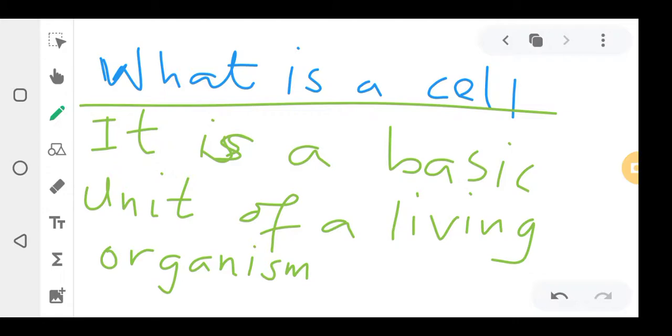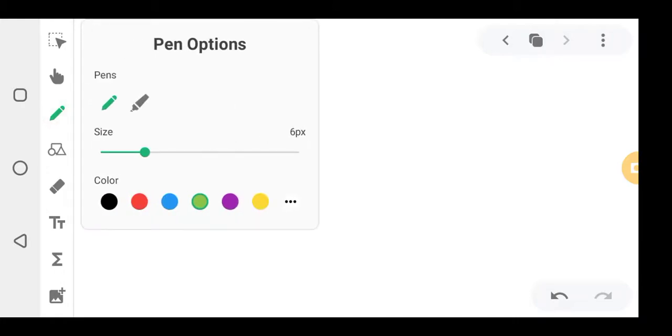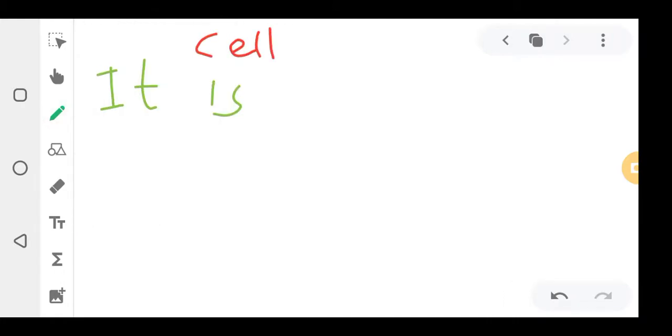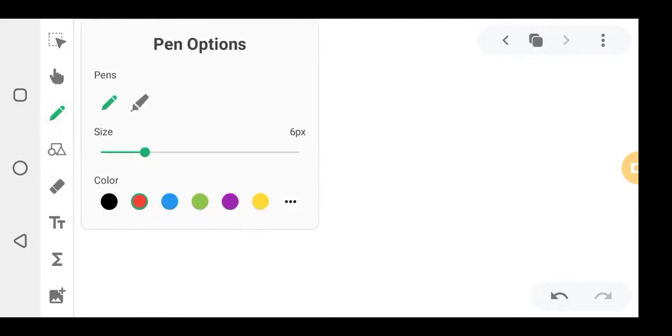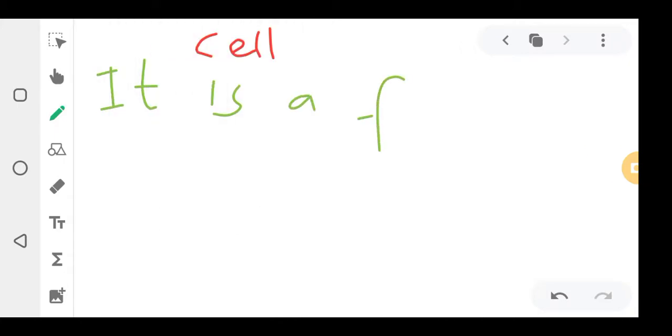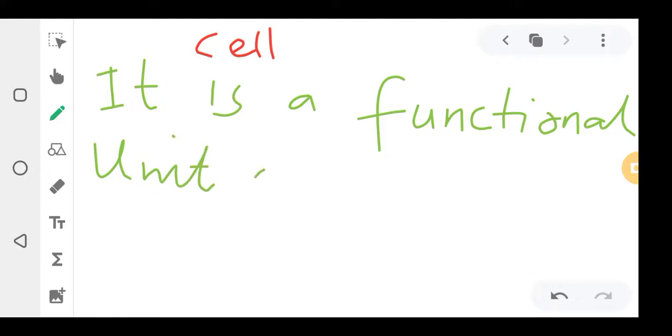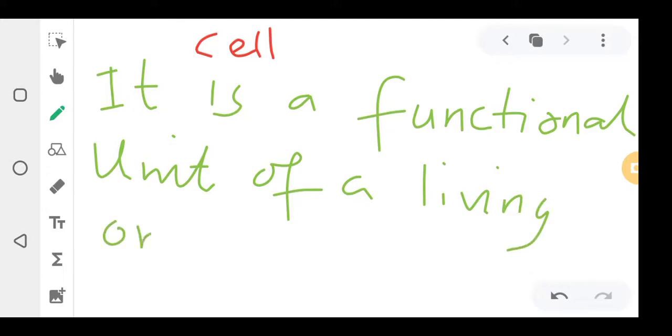That's a definition. The second definition of what a cell is: a cell is a functional unit of a living organism.